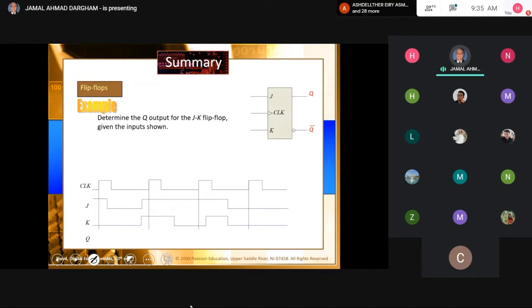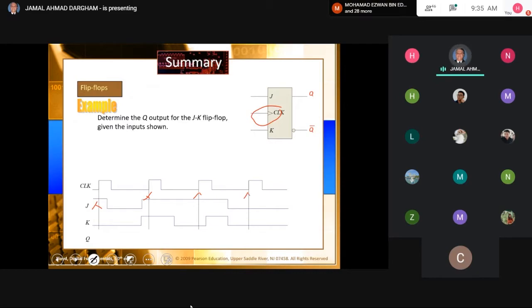And this is the timing diagram. It's very important here. If you look here, there is no bubble, so it means it's positive edge triggered. It means changes will occur only here, as well as here, here, and here.